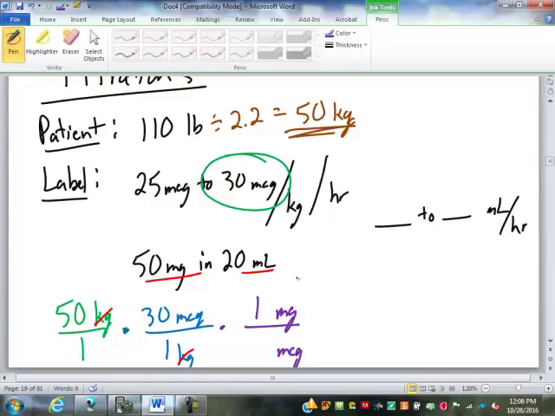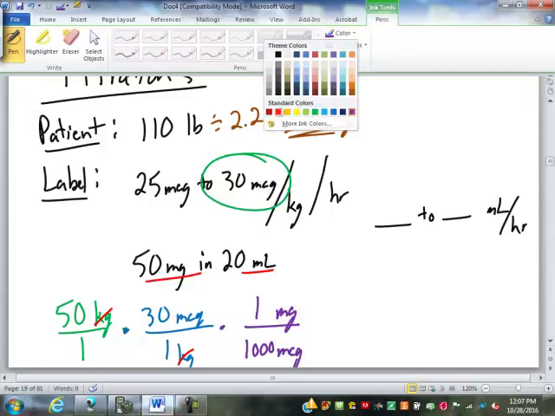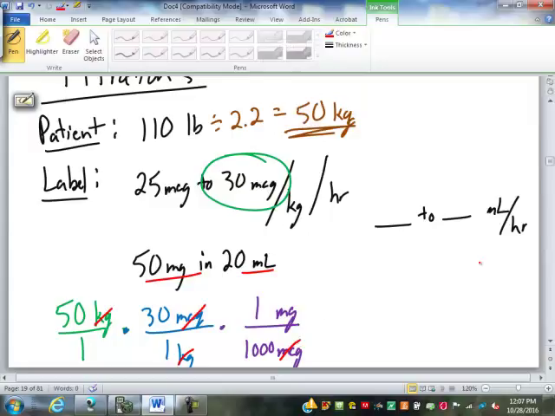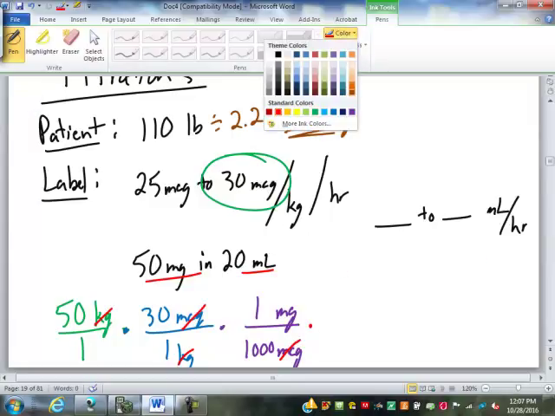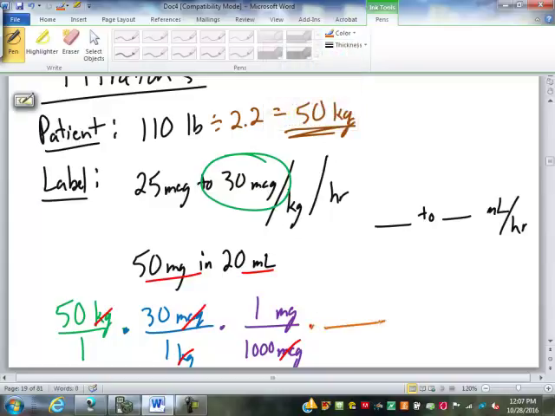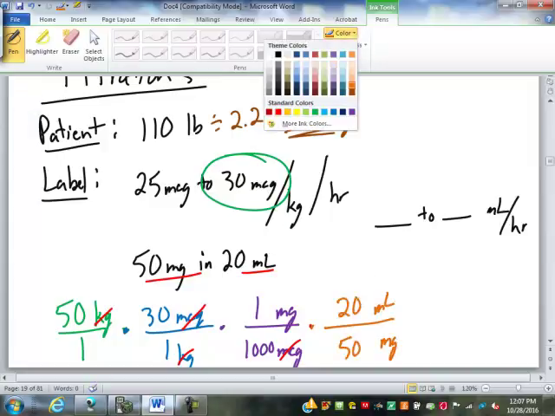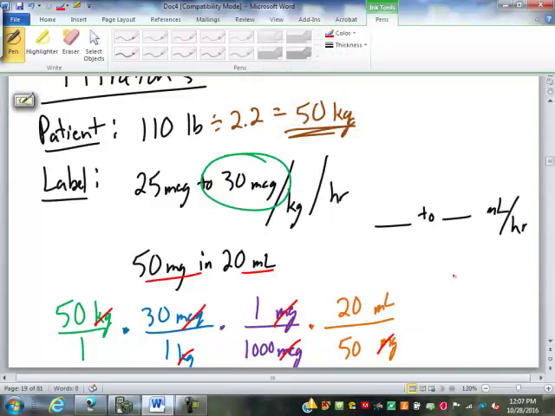How many micrograms are in that 1 milligram? 1,000. 1,000 micrograms in that 1 milligram. So that puts us in milligrams. And next, I'm going to convert to milliliters. So milligrams on bottom, milliliters on top. 50 milligrams to 20 milliliters. And the milligrams are now gone.